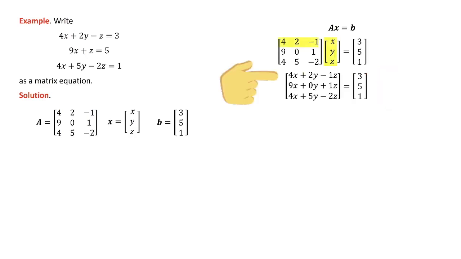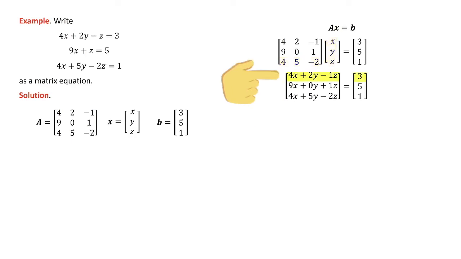Now, if I do matrix multiplication, multiply the first row by the column, I get this: first times first plus second times second plus third times third. If I multiply the second row by the column, I get this. And if I multiply the third row by the column, I get this.